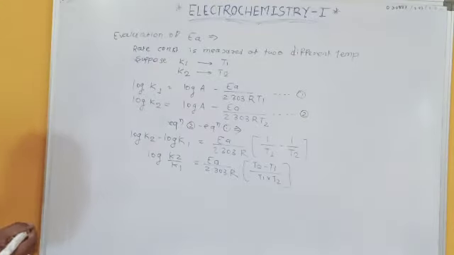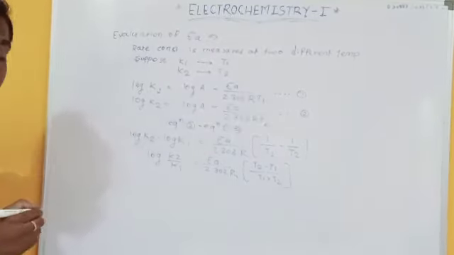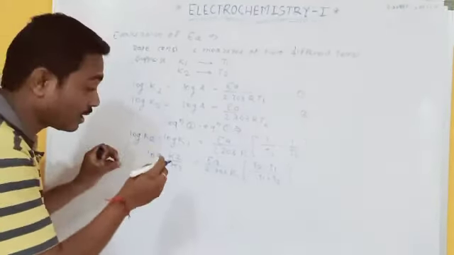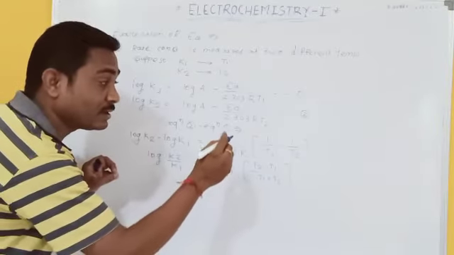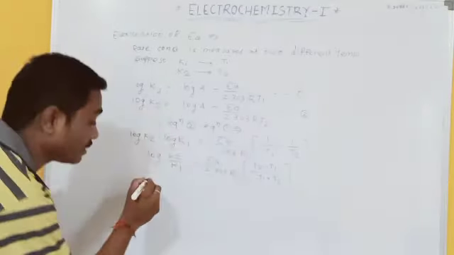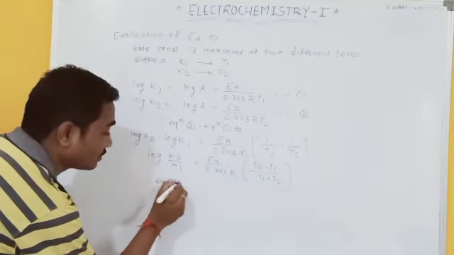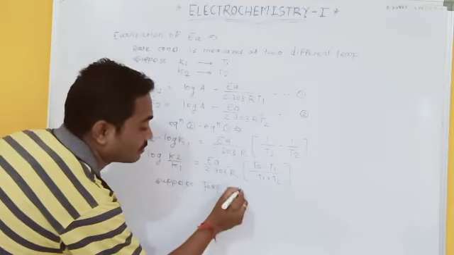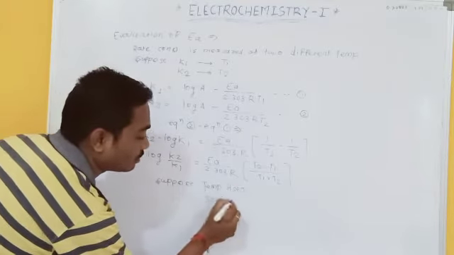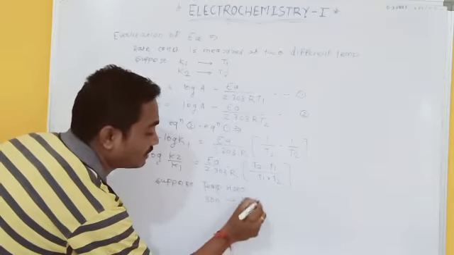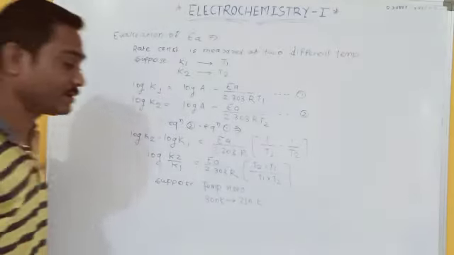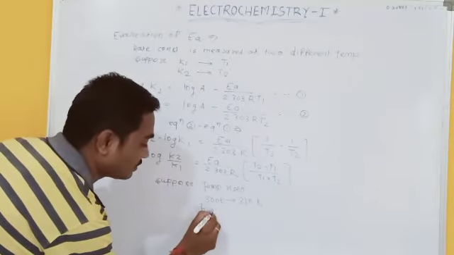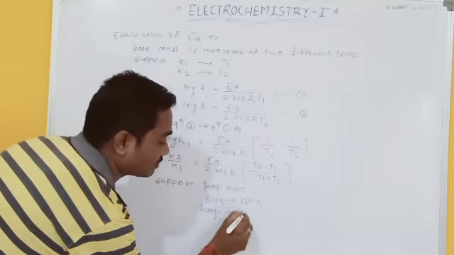Now let us see, if the temperature is changed by 10 degrees centigrade, what is the change in the rate constant? We have to calculate here. If the temperature increases by 10 degrees centigrade, suppose the temperature rises from 300 to 310 Kelvin, then what is the change in rate constant?